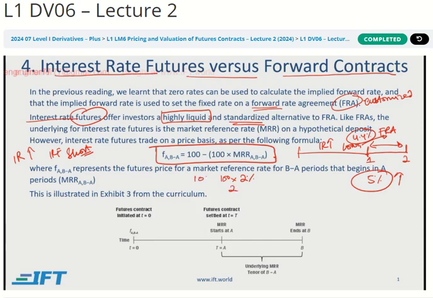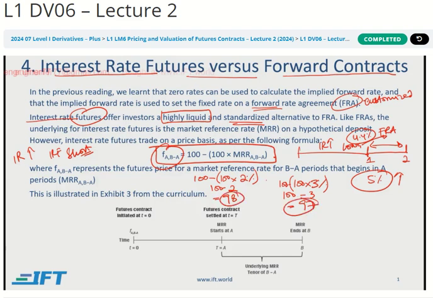We take that rate, multiply it by 100, and then subtract that from 100, which means this will become 98. So that will be the value of the interest rate future contract right now. And if the interest rate goes up to 3%, then 3% multiplied by 100, and 100 minus that, will mean that this will become 97.